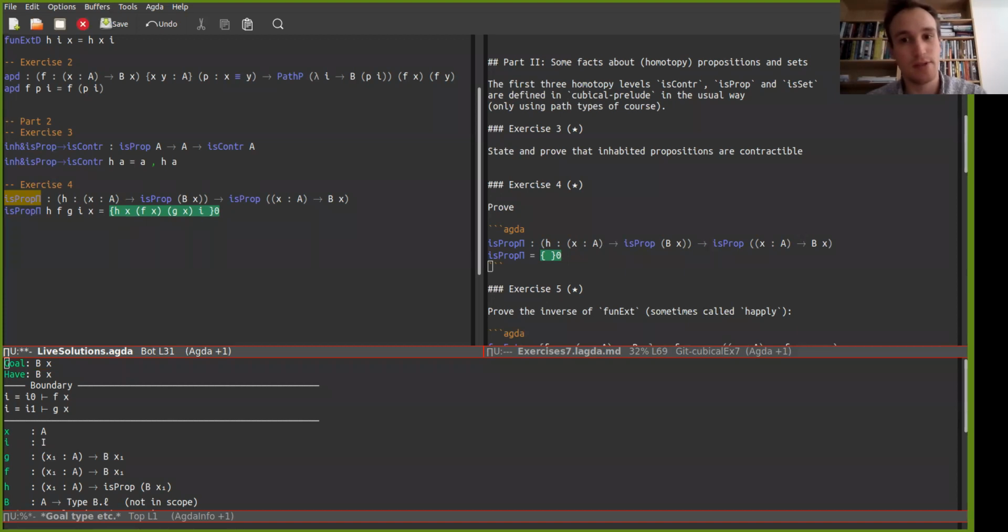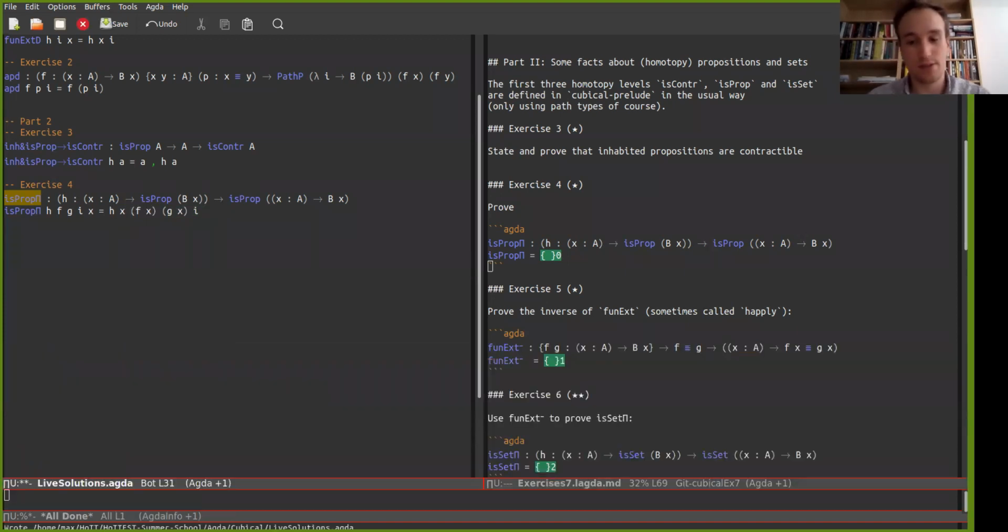But yeah, it does. H of x tells us that b of x is a proposition, and then we get a path between those two guys at point I. Okay, question about that? No. Okay, I think this is easy enough.